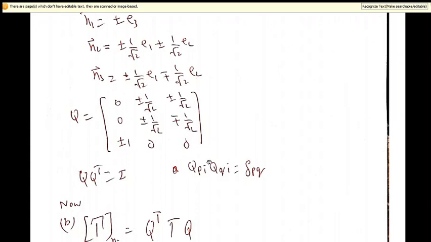So this will give us 0 on the left hand side. So this condition will be satisfied for all p, q.